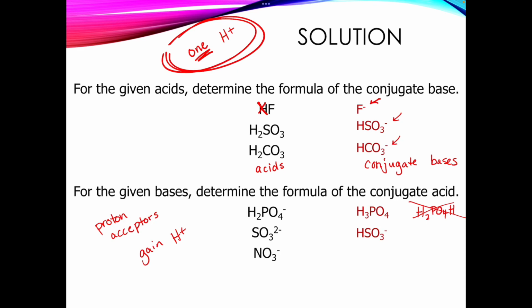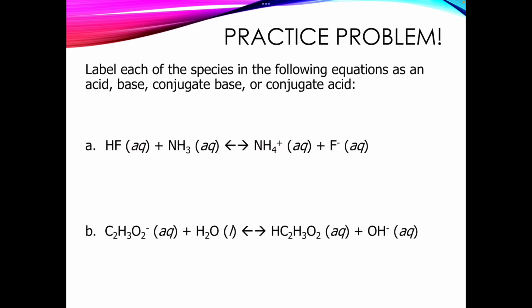Then our nitrate down at the bottom will gain one hydrogen, and that positive charge will cancel out the negative charge, and we'll just get that. Again, all of these are differing by one hydrogen. Acids will lose H+, and they'll usually end up with a negative charge like we're seeing because it's lost that positive. Whereas our bases will gain a hydrogen and become more positive.